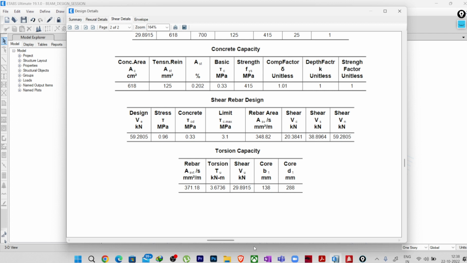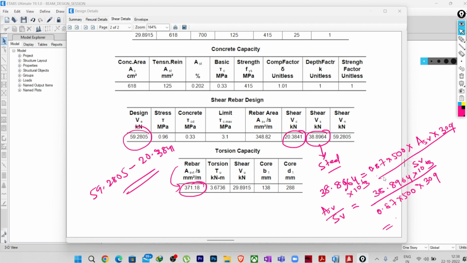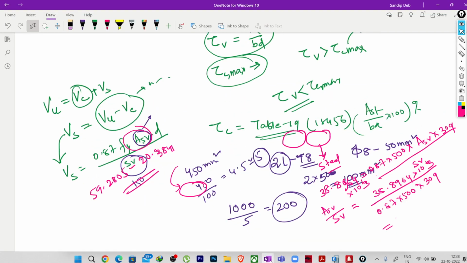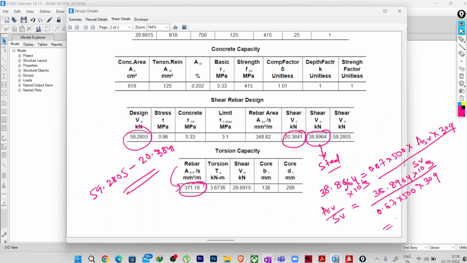Actually we want to find out this Asv by Sv, right? That's why I'm saying I think I have done some mistake here. 0.87 fy into Asv into d by Sv, right? This is what the formula was. And we kept it here 38.8964 multiplied by 10 cube. Yeah, it is correct only.